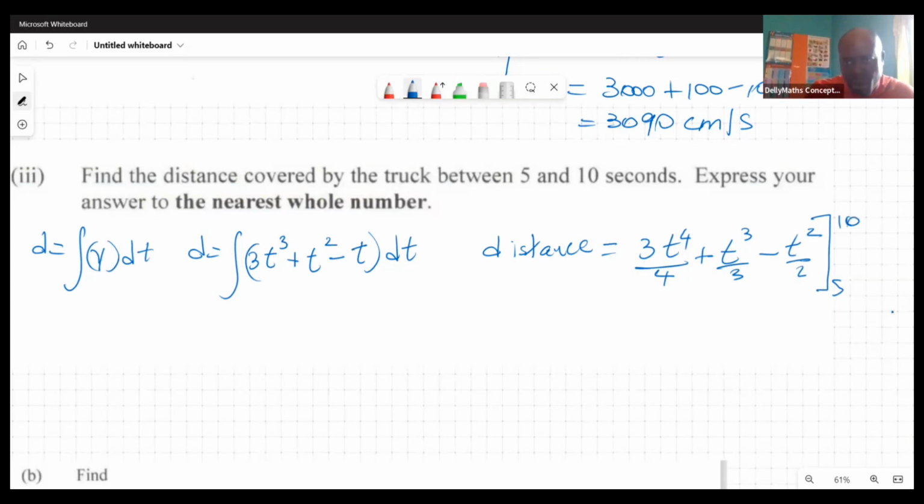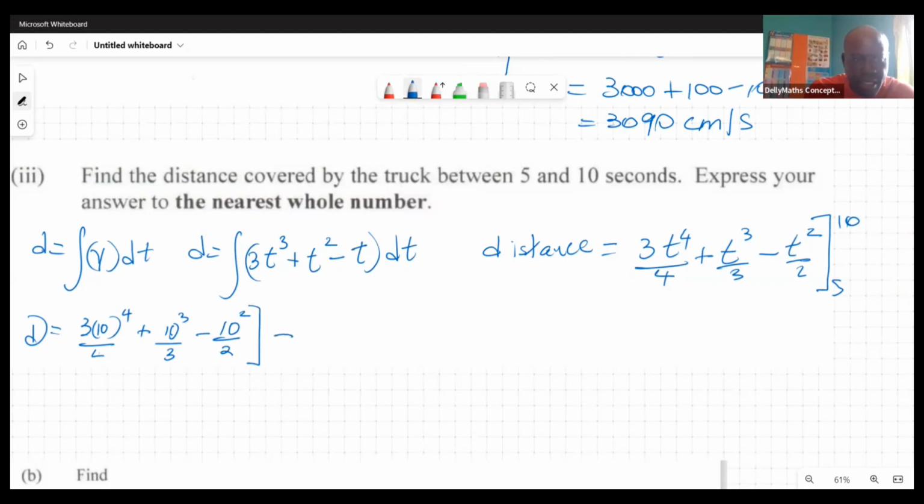Let's work this out. Distance, I'm just going to call that d. It's going to equal 3 times 10 to the fourth over 4 plus 10 to the third over 3 minus 10 squared over 2.